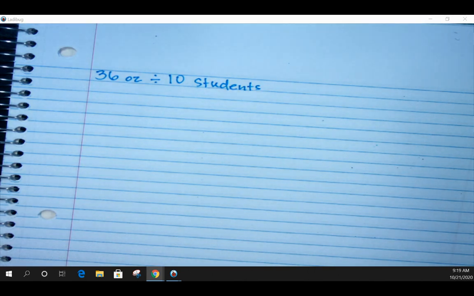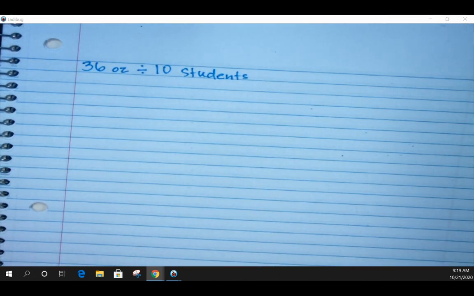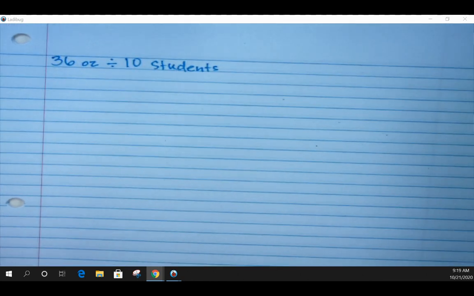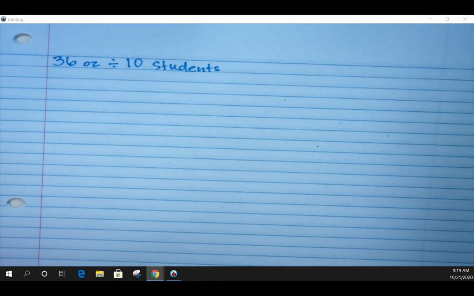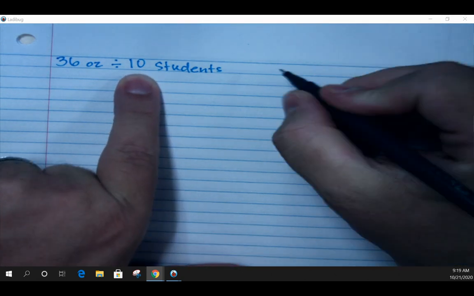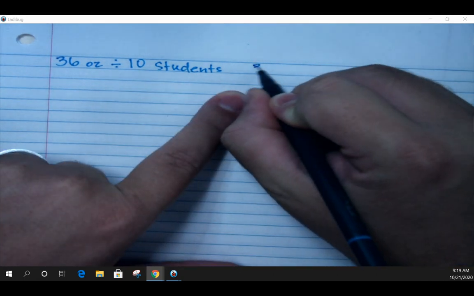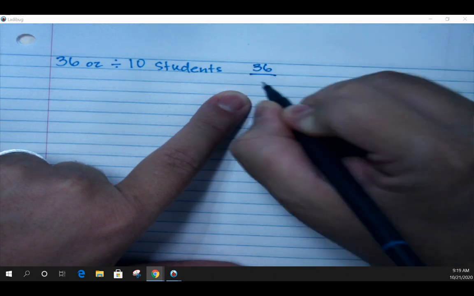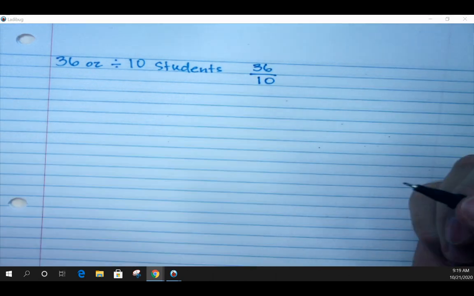What are we dividing? The paint. We're not chopping Bryson up and giving him in the paint. Okay, so we're taking the paint and squirting it out into 10 containers, right? So it's literally 36 divided by 10.